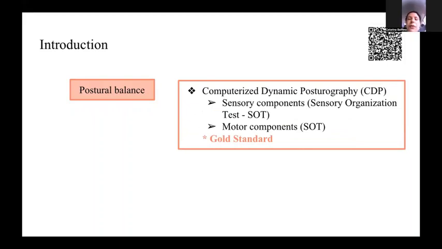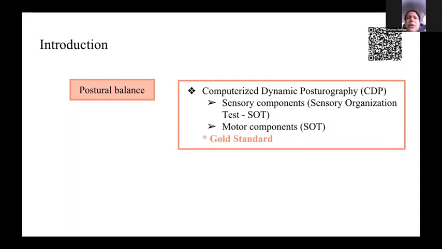So we have in the literature some mechanisms to assess postural balance with some security. One of them is computerized dynamic posturography.